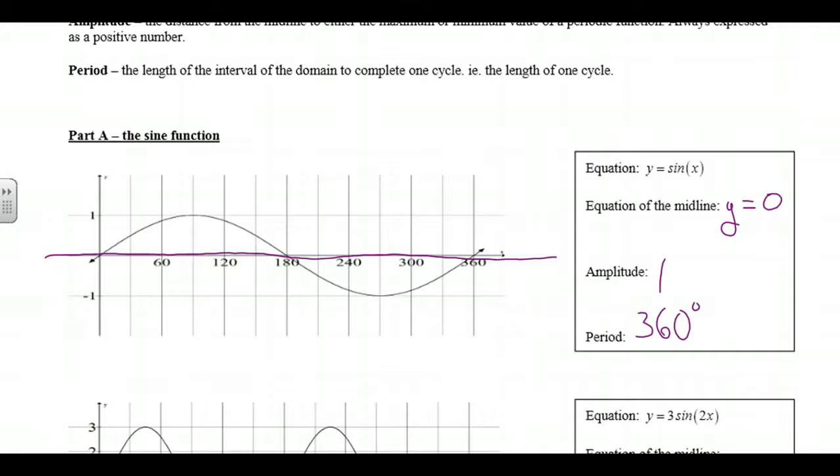So your basic sine function works like this. This is the way I think about it, right? It starts at the midline and it's going up. Its period is 360 degrees and it's split into 4 parts. The 4 parts are from the midline to the maximum, from the maximum back down to the midline, from the midline down to the minimum, and from the minimum back to the midline.